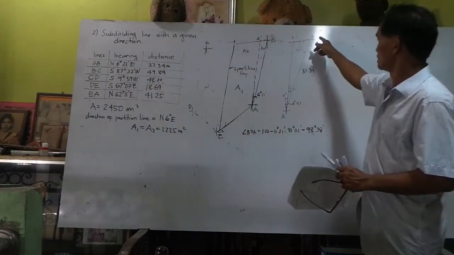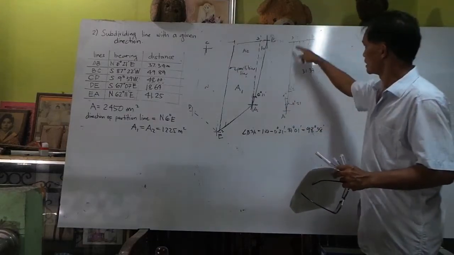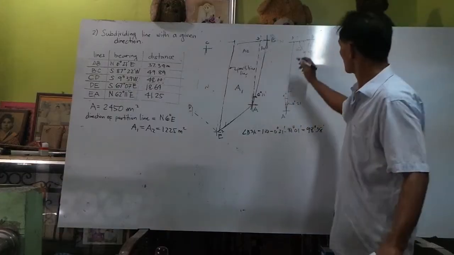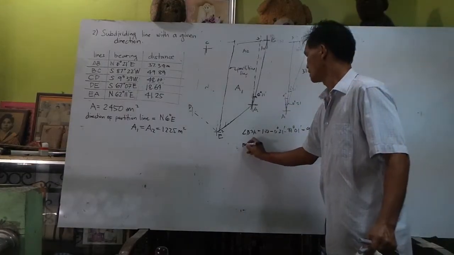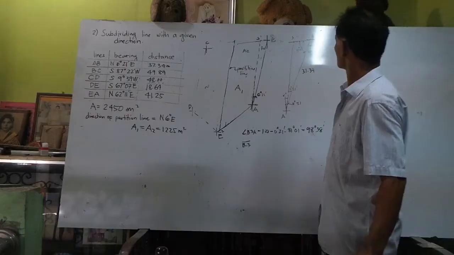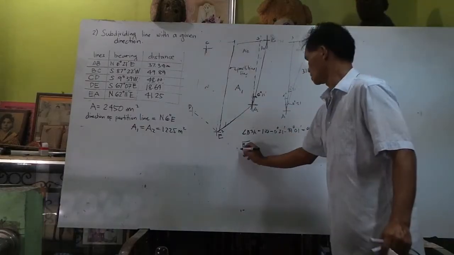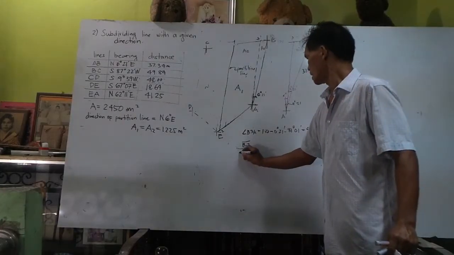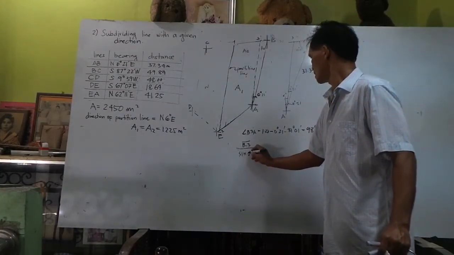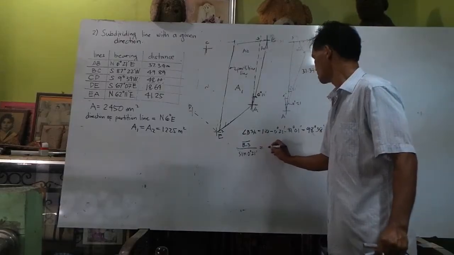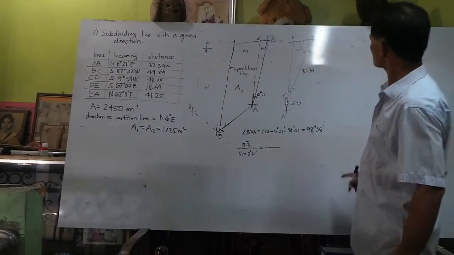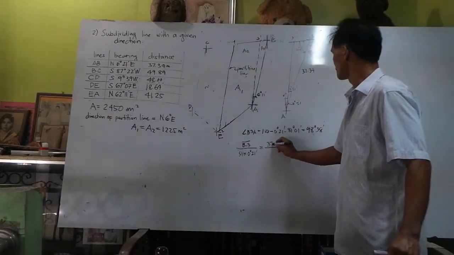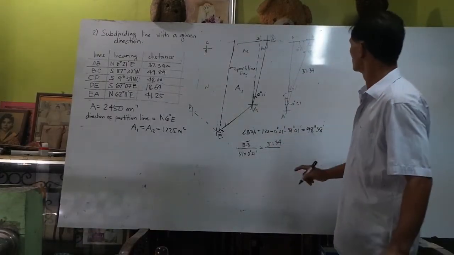triangle, the B3 and A3, by sine law. So we'll have line B3, the opposite angle is 0 degrees and 21 minutes, so sine 0 degrees and 21 minutes is to the given line 37.34.